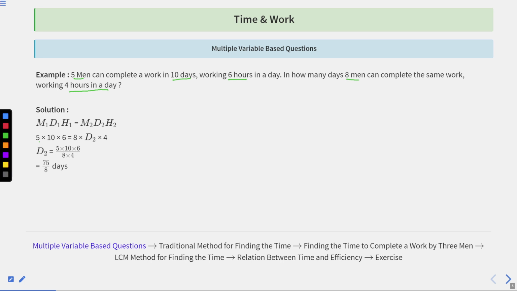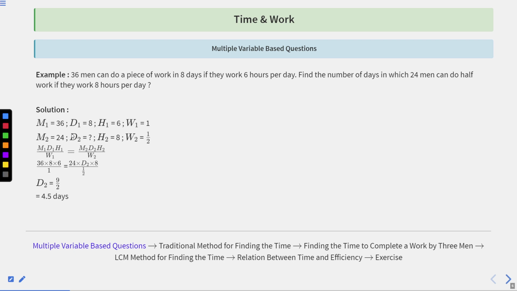So we have 5 times 10 times 6 equal to 8 times D2 times 4. When you simplify this, you will get 75 upon 8 days. So 8 men will do the same work in 75 upon 8 days when they work 4 hours each day.